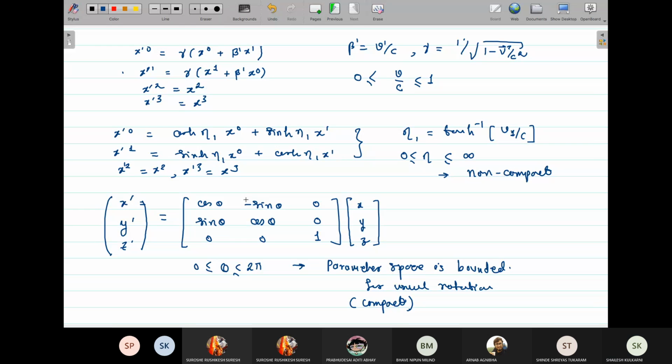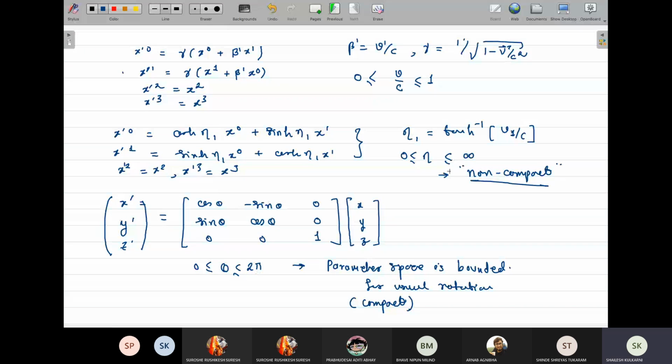So these Lorentz transformations are non-compact because their parameter space is not bounded. In mathematical language it's called non-compact, while here you have compact support in the sense that this parameter is bounded between 0 and 2 pi.